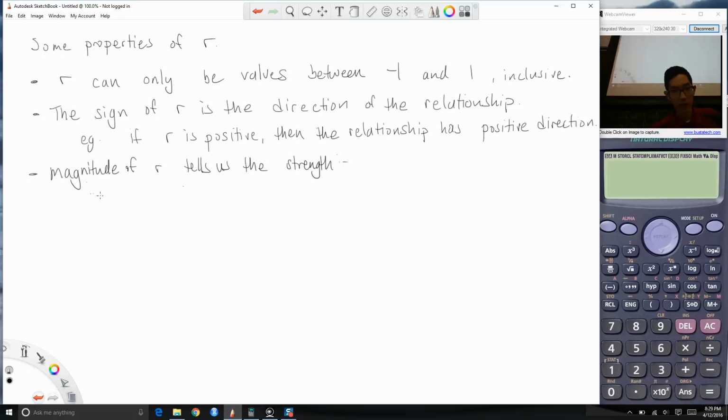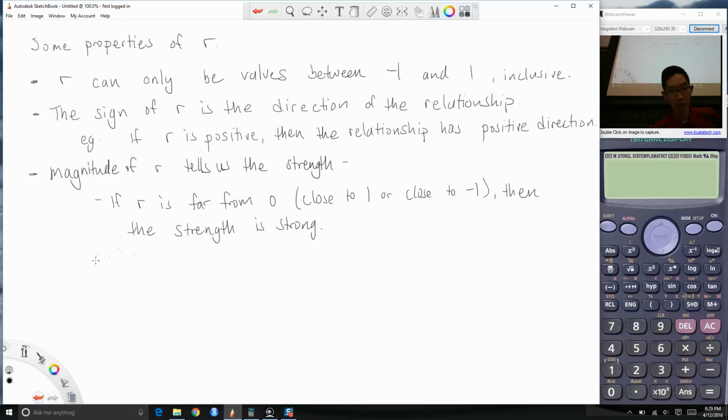That is to say, if R is far from 0, so close to 1 or close to -1, then the strength is strong. And if R is close to 0, then the strength is weak.